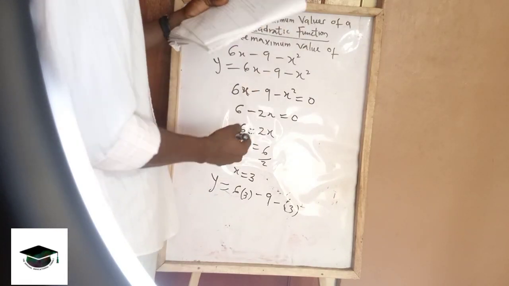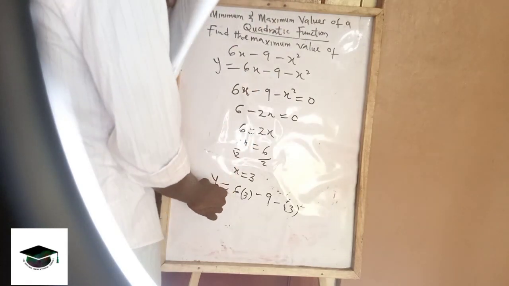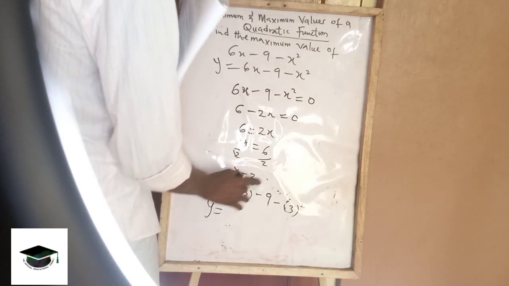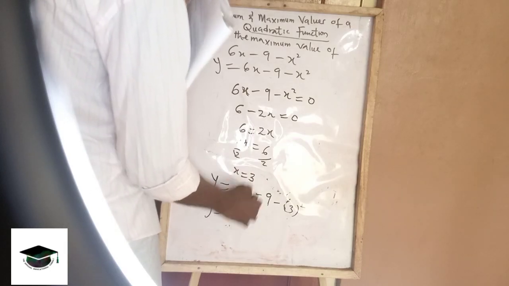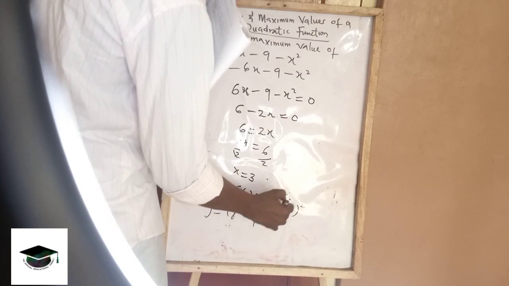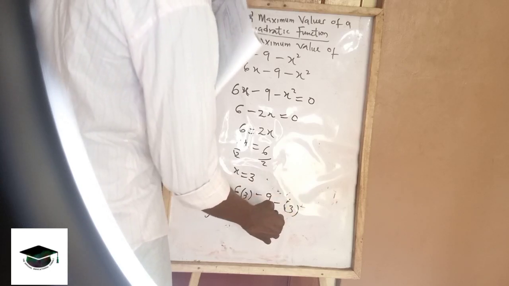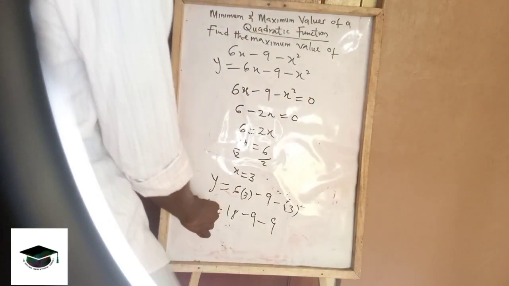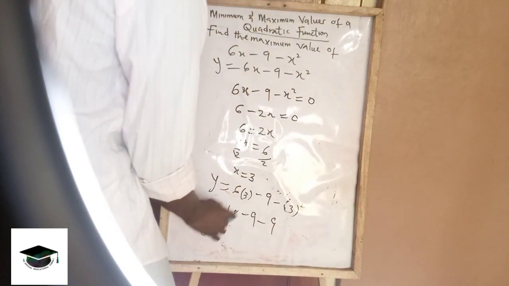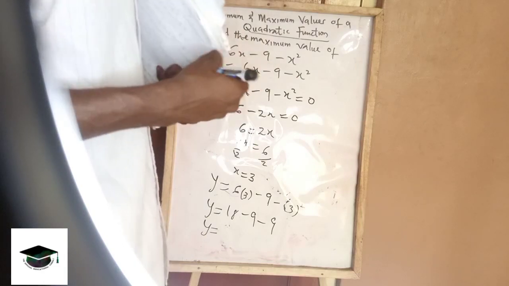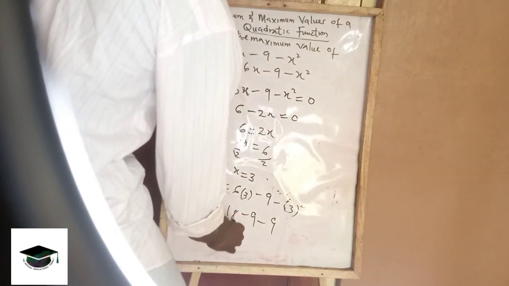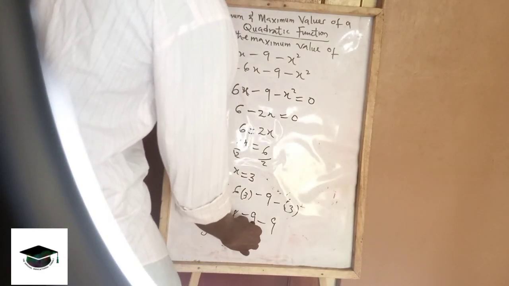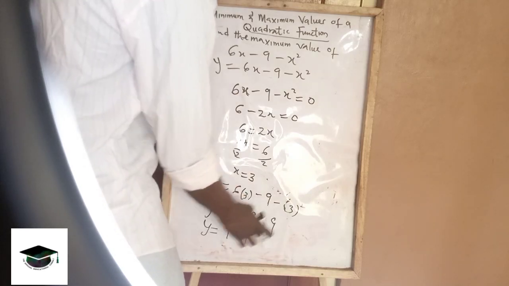At the end of the day, 6 times 3 is 18, right? Now minus 9 minus 3 squared is 9. So at the end of the day, the final answer will be 18 minus 9 is 9, right? Because 18 minus 9 is 9, minus 9.